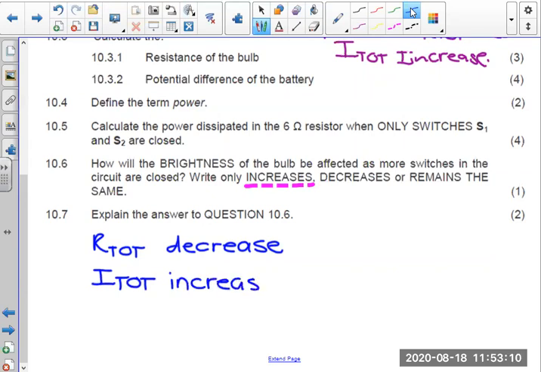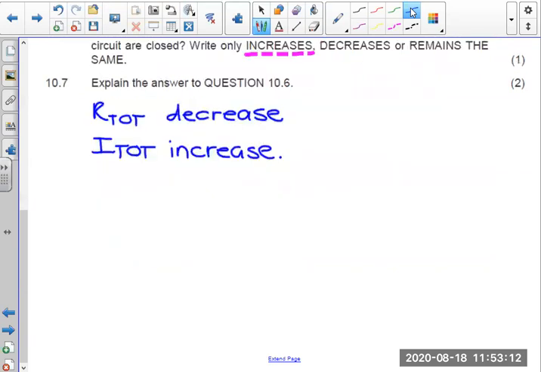And if the total current increases, it is important to remember that power is directly proportional to I squared. So it means that the power will increase. And if the power increases, the light bulb will be brighter. So therefore, the increase in power, increase brightness.